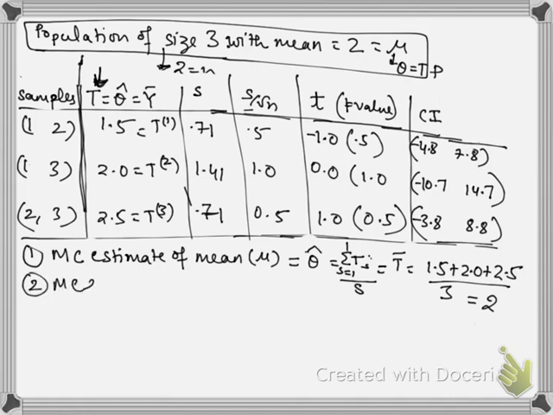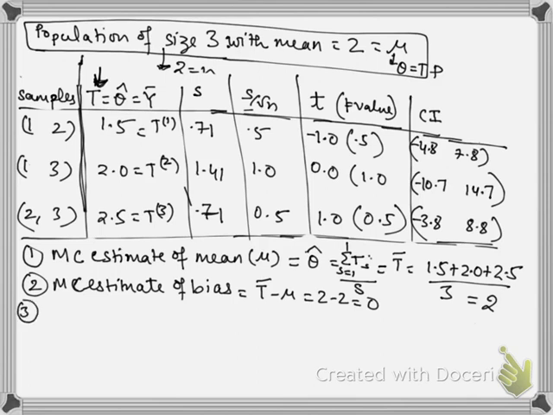Monte Carlo estimate of bias is T bar minus mu, which is 2 minus 2, which is 0. So this is an unbiased estimate.